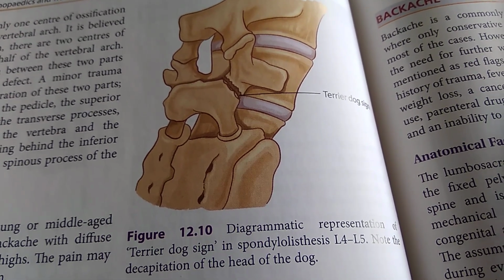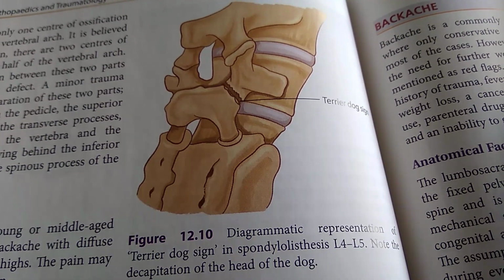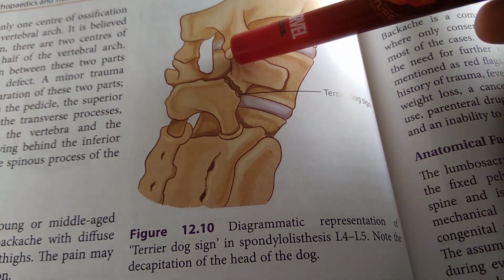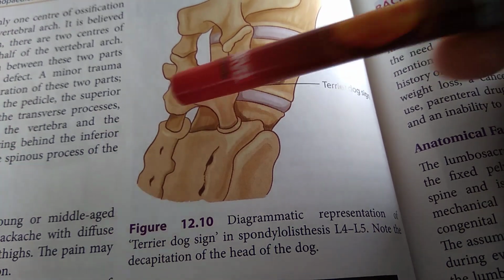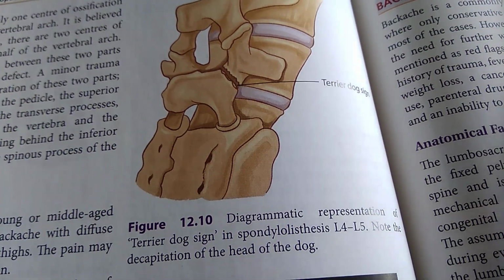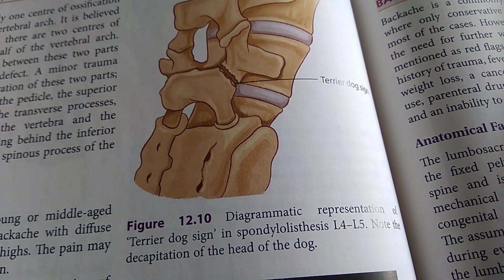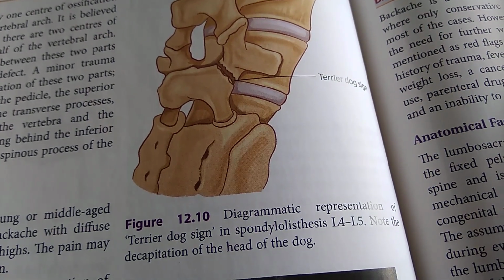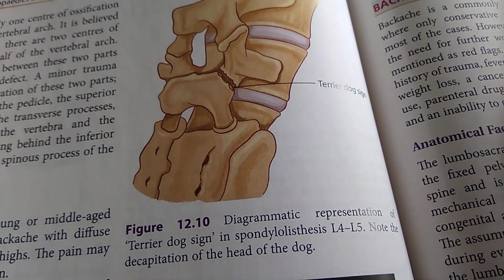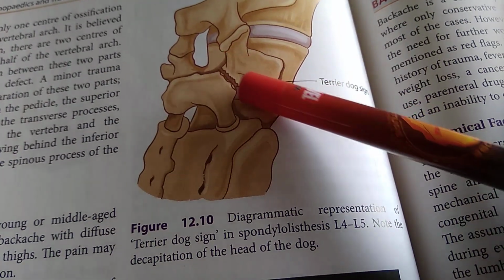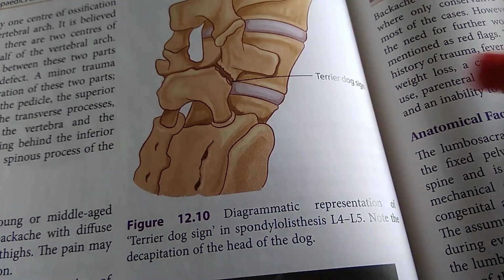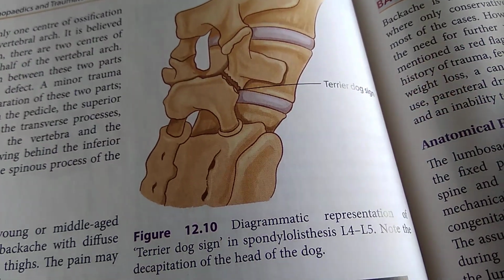Note the decapitation of the head of dog. Yeah, I can see a dog here. This is the mouth, or what do you call? And this is the dog's legs, let's assume. Terrier dog sign, spondylolisthesis. Do you see anything like that? So here you can see instead of belt, it's actually kind of detached. So that is the terrier dog sign, decapitation.